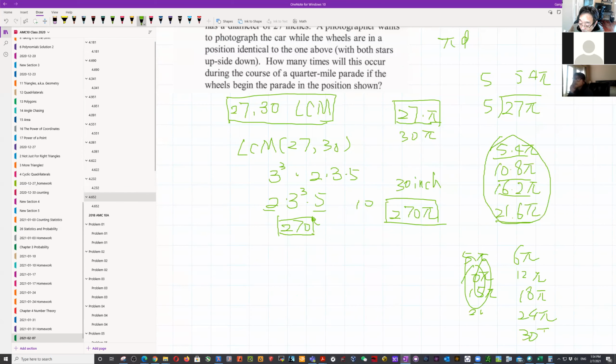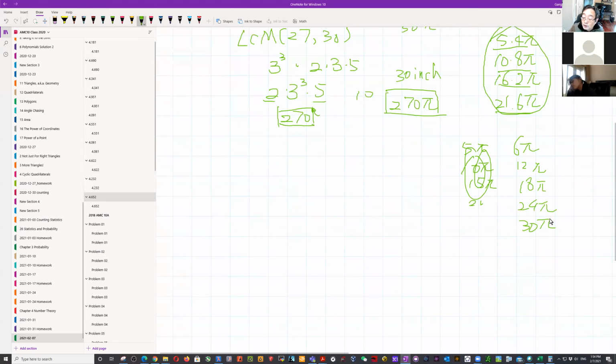Then this is 30 pi, and then it will reach like 27 pi. I only observe the complete cycle for the front wheel, but I'm going to observe the 5 integer positions of the back wheel.